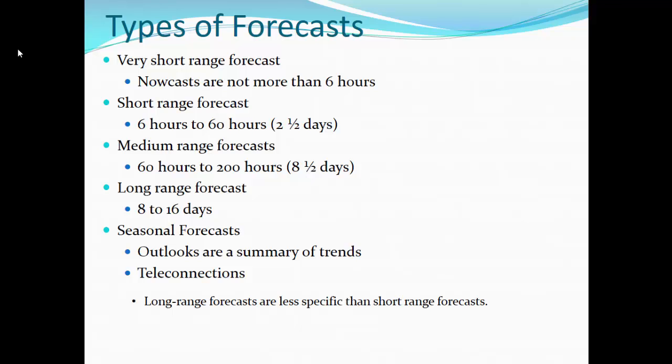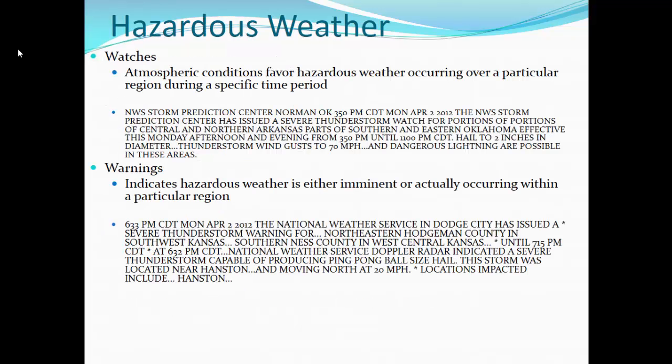But it's a flip-flop, because if you're trying to forecast a very small event, what's the temperature going to be in Altamont Springs in 15 days? That's going to be very difficult to hit on the head. But if you're forecasting a very large event, like will there be a major tropical cyclone, or will there be a big trough in the upper levels of the atmosphere, that'll be much easier to predict in those longer ranges.